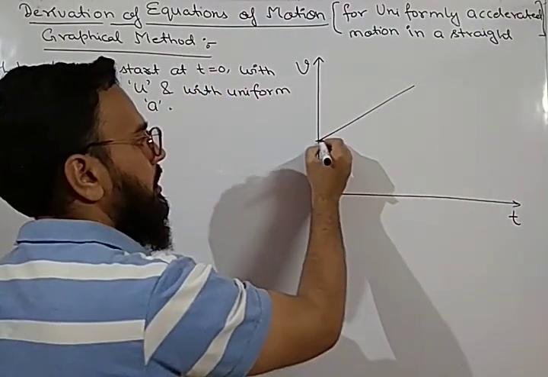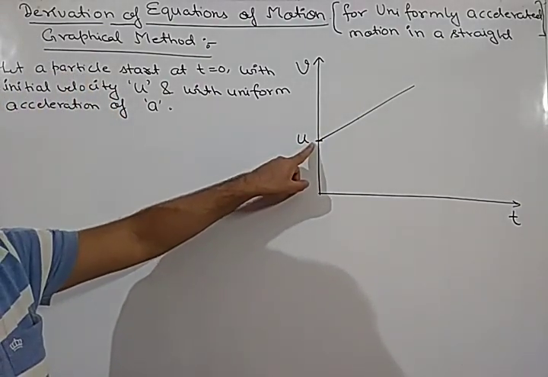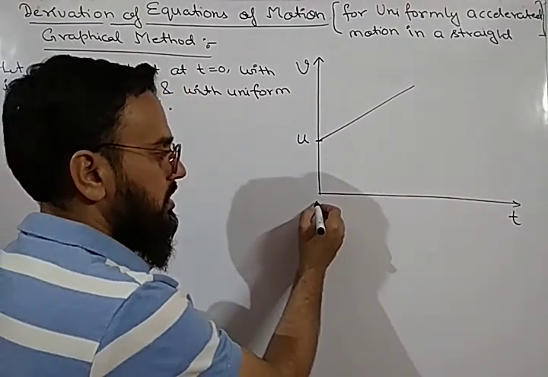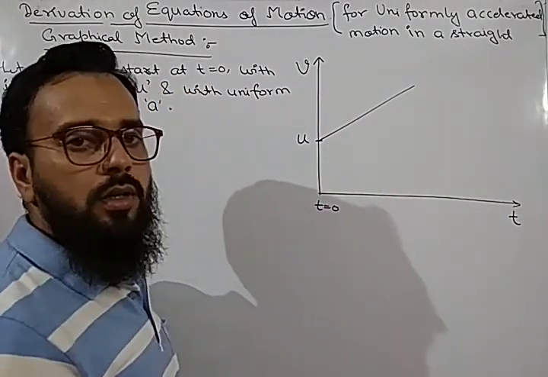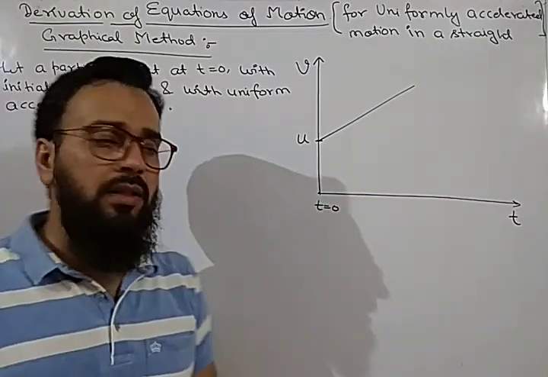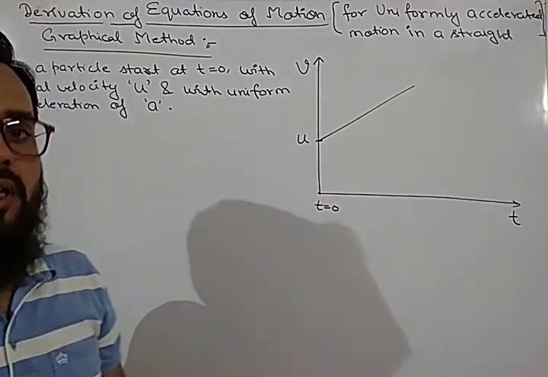This point is the initial velocity u, because this is the axis of velocity and this is the axis of time. So this is t is equal to 0, our origin. At this instant time is 0, but the velocity has some value.